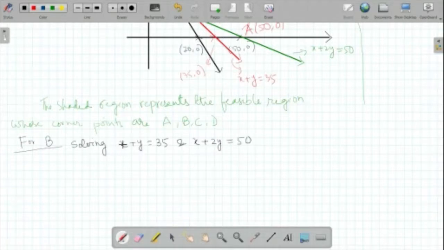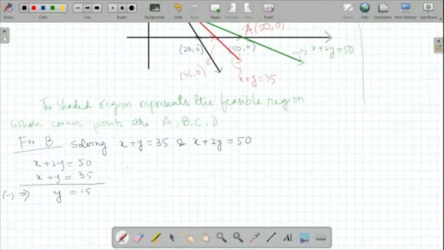Now let's see, what is the coefficient here? 1. What is the coefficient here? 1. So we don't need to do anything, just subtract it. x plus 2y equals 50, x plus y equals 35. Subtract, so x and x will cancel, so y equals 15.